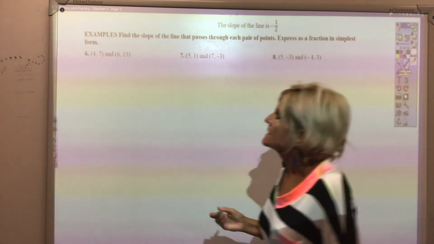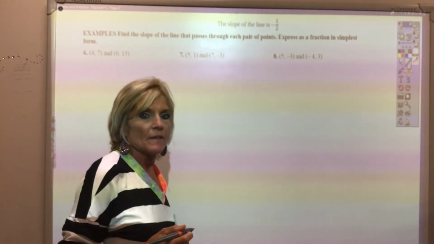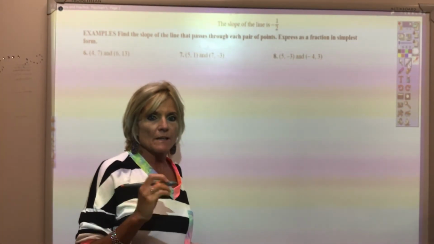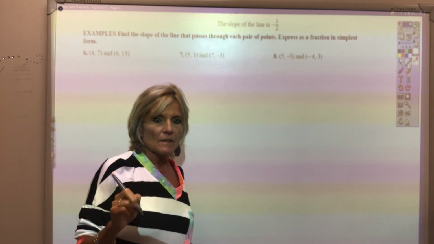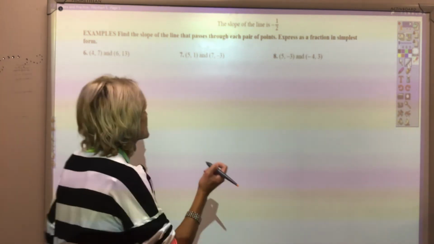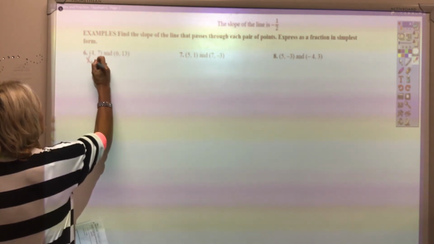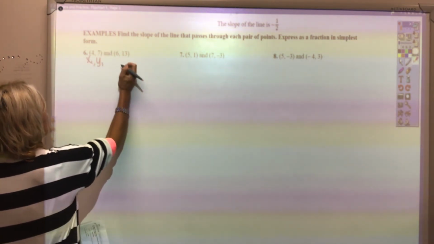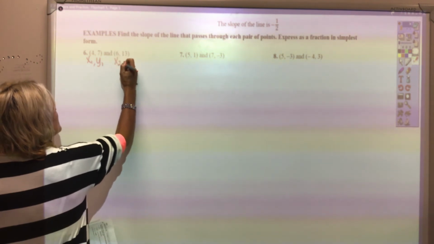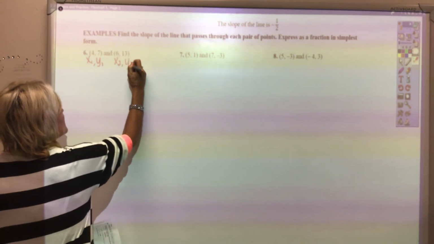So I think it's a good idea to label under the ordered pairs the x sub 1, y sub 1, etc. So that's what I'm going to do first. x1, y1, x2, y2.